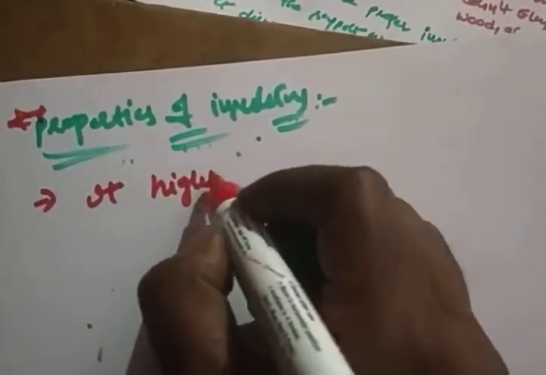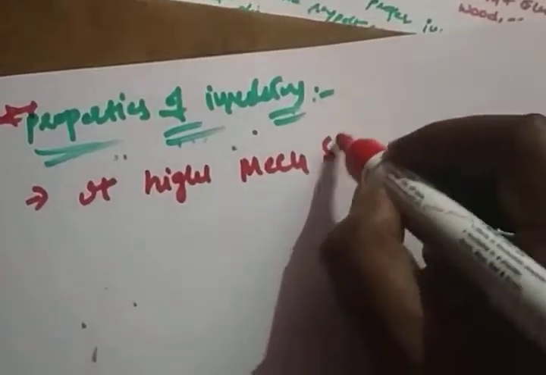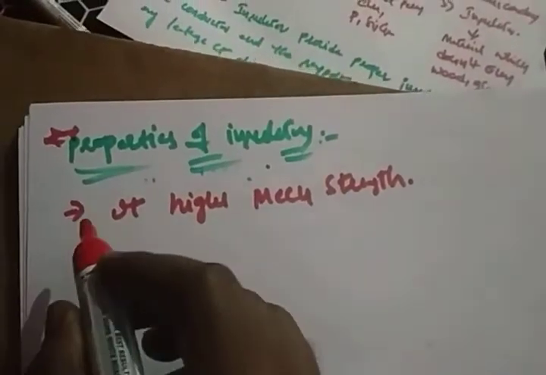So first, it should have high mechanical strength. If the load on the transmission line is very high, it should withstand it. Suppose the transmission line is carrying 132 kV, whatever insulator we are placing should withstand that. That means it should have high mechanical strength. That is a main important property.